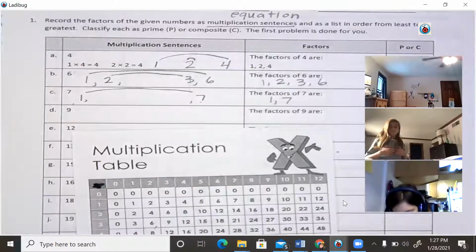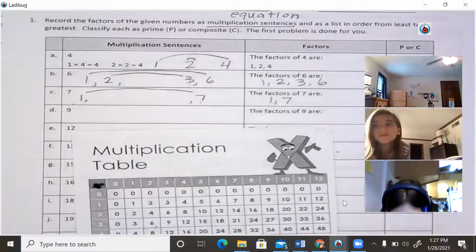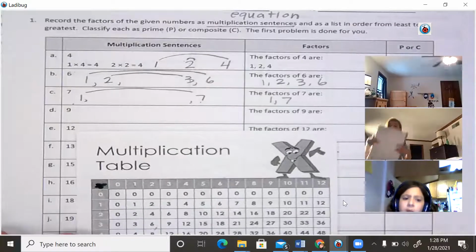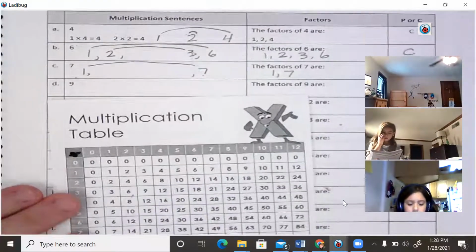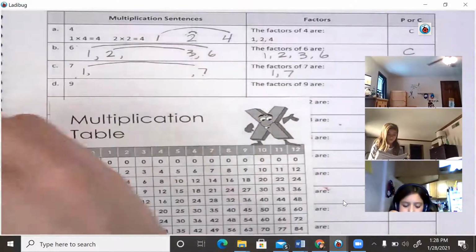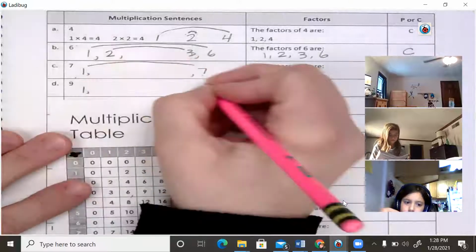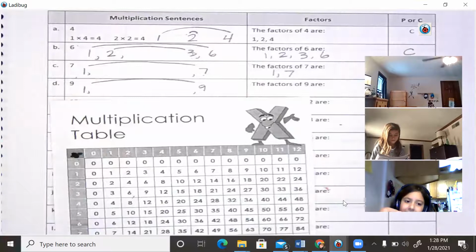Okay, let's go ahead down to 9. All right, Maria, unmute yourself. Help me make a factor rainbow for the number 9. Let's start with 1 and 9. I'm going to connect them. Does 2 times anything equal 9?